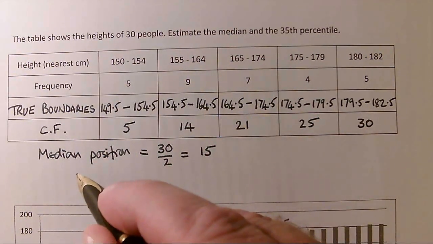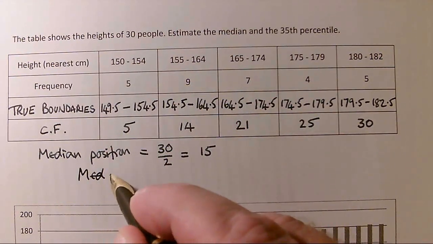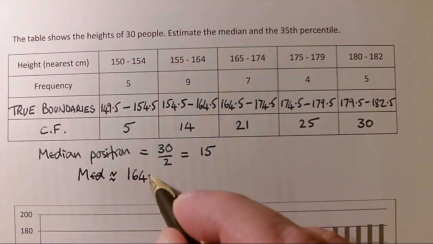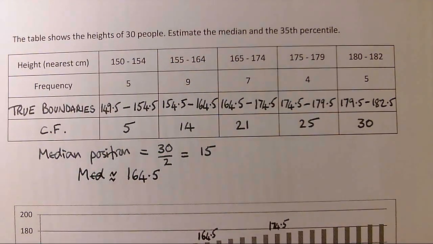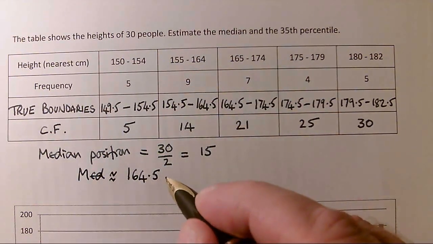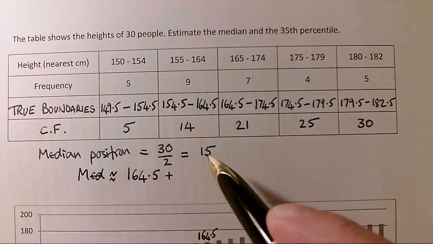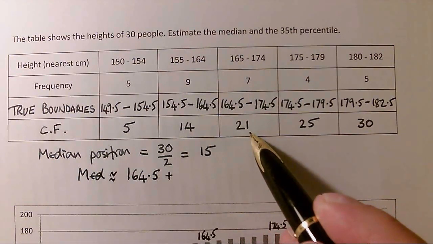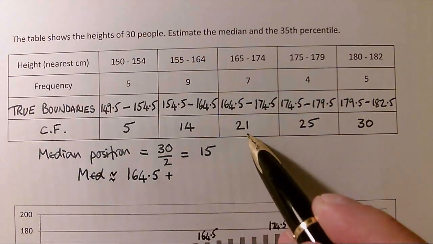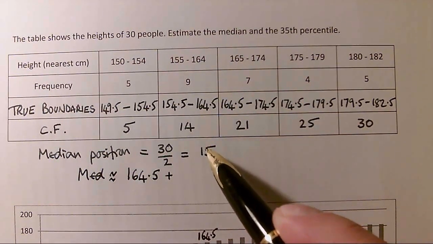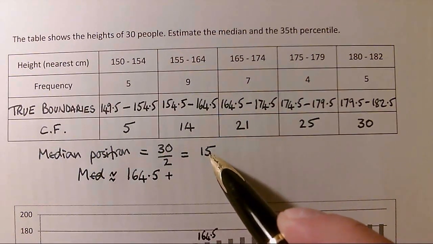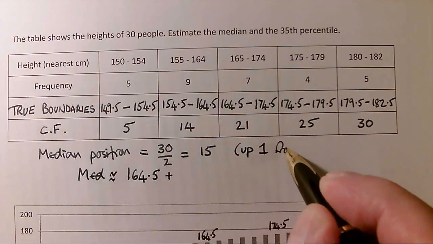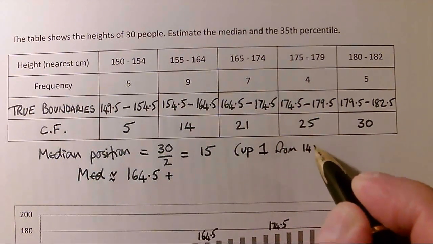So the median is going to be estimated as approximately equal to 164.5. And then I need to be going part of the way from the 14th person to the 21st person, which is 7 people, but I only need to go 1 extra person. So this is up 1 from the 14th.